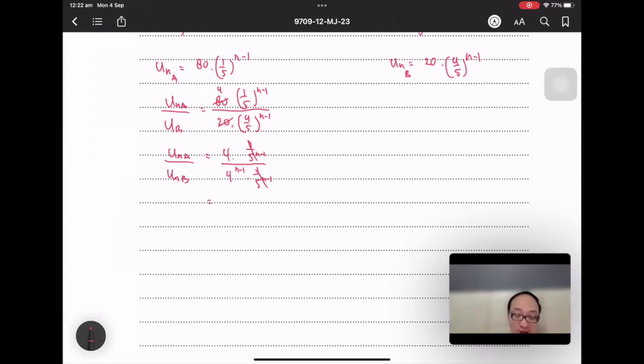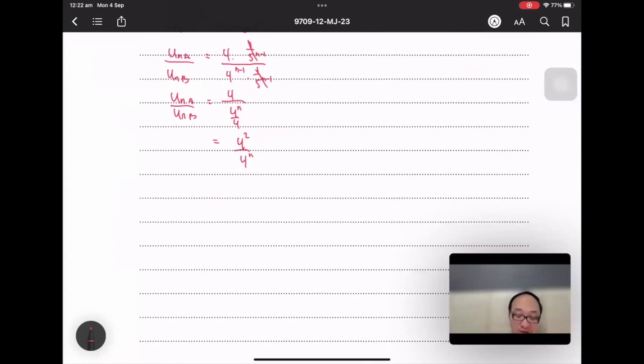So I can make it into UnA over UnB is 4 over 4^n over 4, so equals 16 or 4 squared over 4^n. So this is UnA over UnB equals 4^(2 minus n).